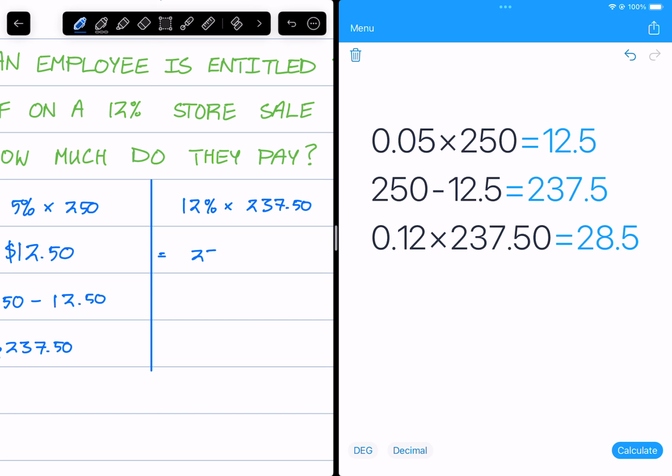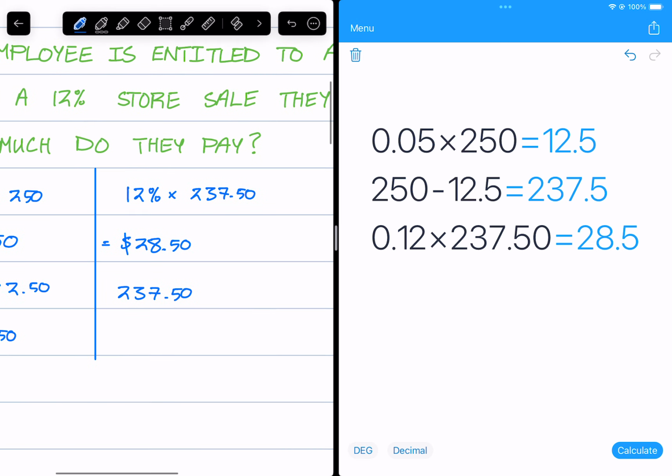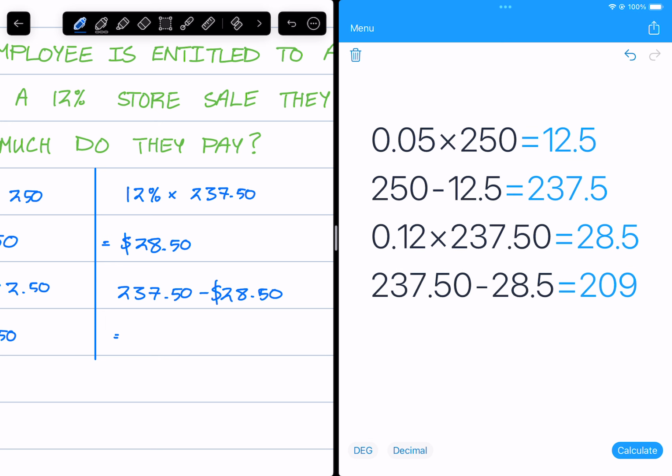That's a discount of $28.50. And the new discounted amount, so 237.50 minus this new amount that we've calculated. So 237.50 minus the second discount. This gives us $209.